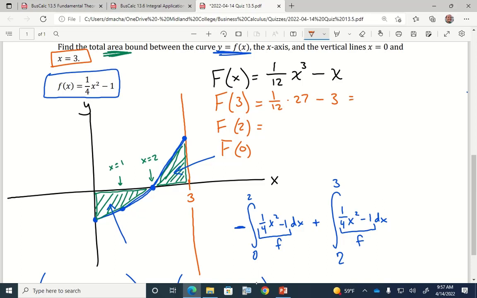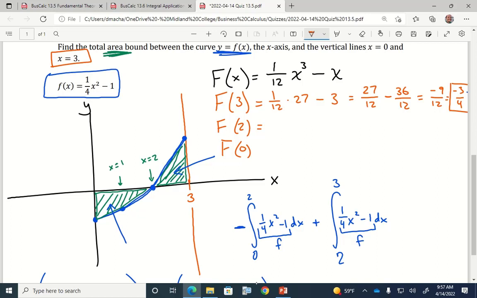And so you could call this 27 over 12 minus 3, and you could think of 3 as being 36 over 12. So 27 minus 36 would be negative 9 over 12, which you could simplify to negative 3/4. Okay.